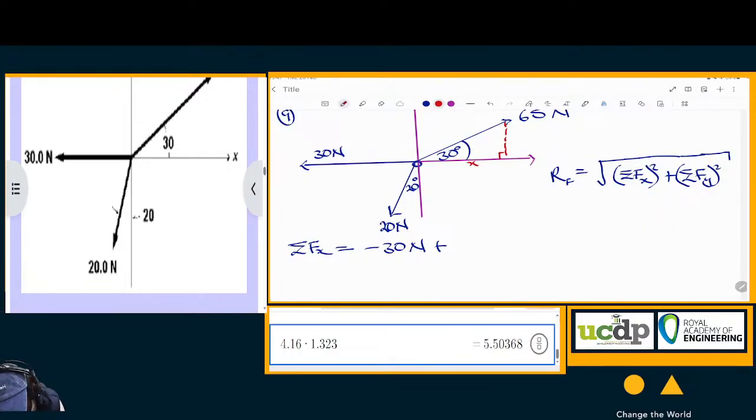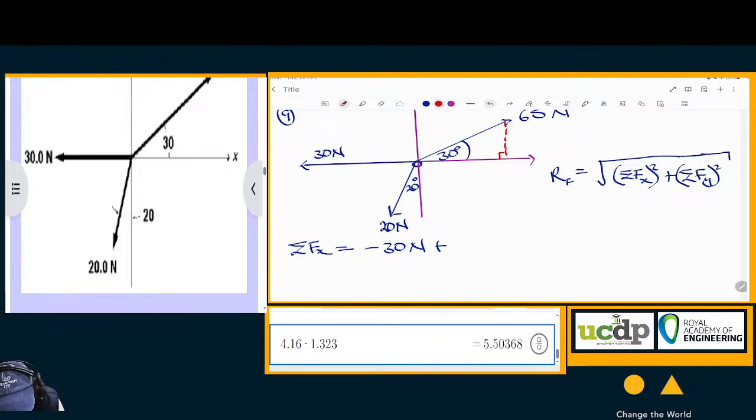So sin 30 equals the adjacent, which is x, over the hypotenuse, which is 65... no, that's not right, sorry.